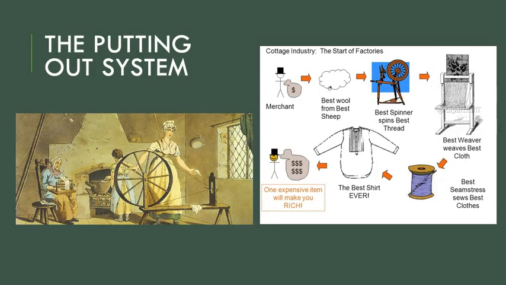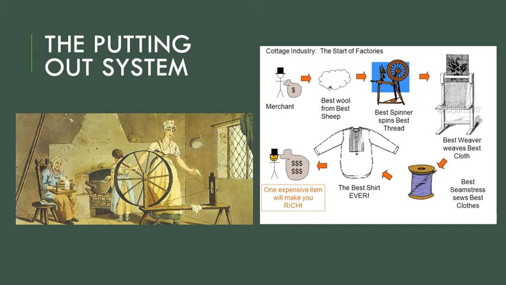Merchants also organized production into what's called the putting out system. This is before the use of factories. And the way the putting out system works is they would go to the rural areas and they would hire individual people because they could work for a lot less. People who live out in the country on rural estates have a much lower cost of living, so their wages are not as high.